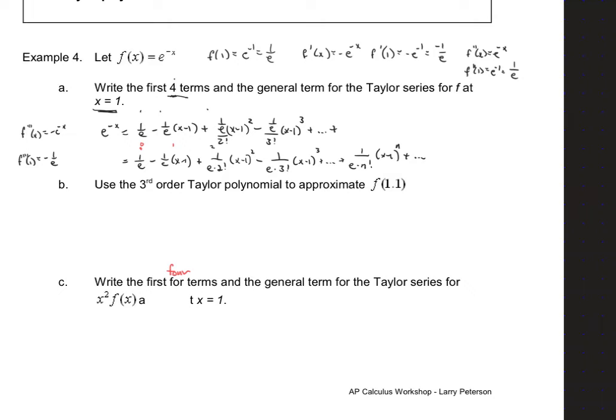So third order means we're going to go to the third derivative, which will be to the third power also in this case. So we're going to evaluate at 1.1. So we're going to say e to the negative 1.1 is about.